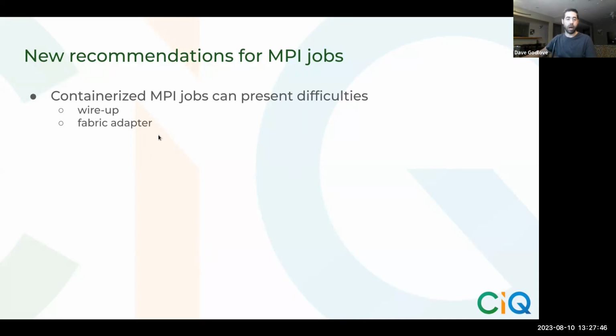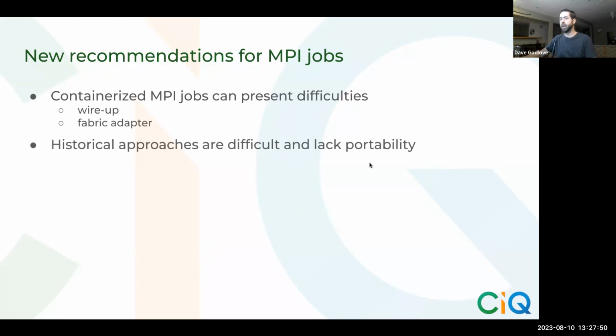The other is problems having to do with high-speed interconnects or fabric adapters. I'll talk briefly about historical approaches to solving these problems and why they're difficult and why they ultimately lack portability and defeat some of the reasons that containers exist.